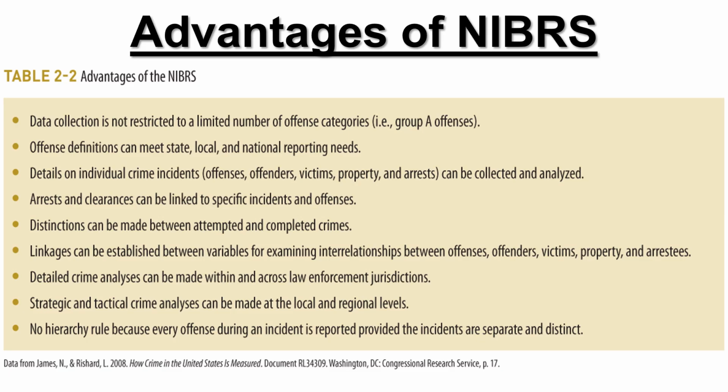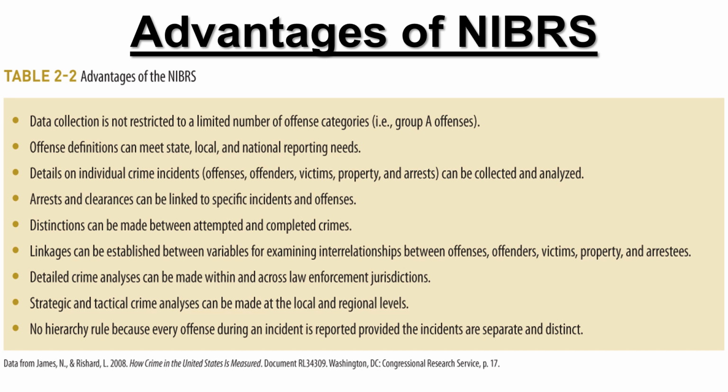Here are some advantages of the NIBRS from your book, and it does a really great job of collecting and giving this to us in a simple chart. You can see that distinctions can be made between attempted versus completed crimes.